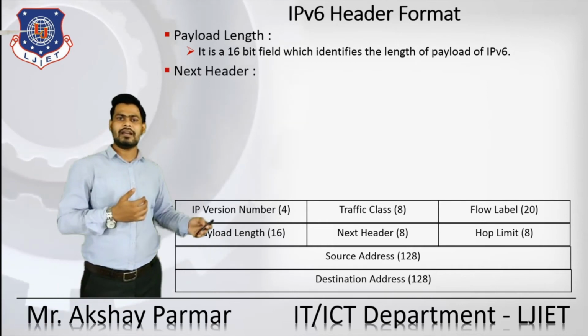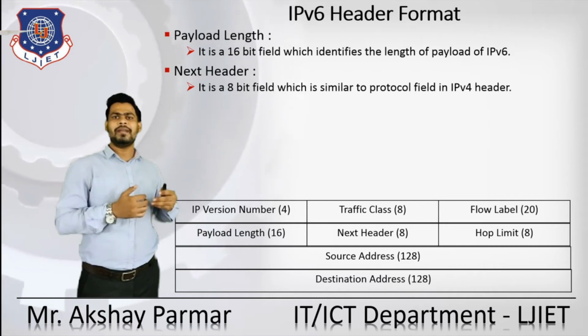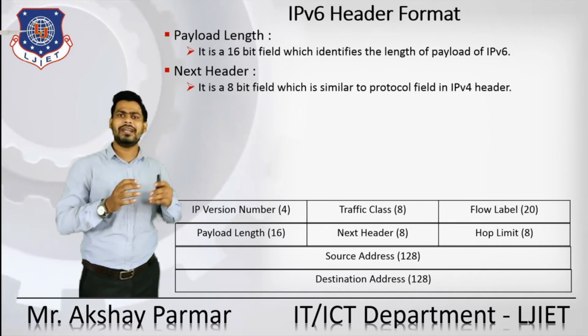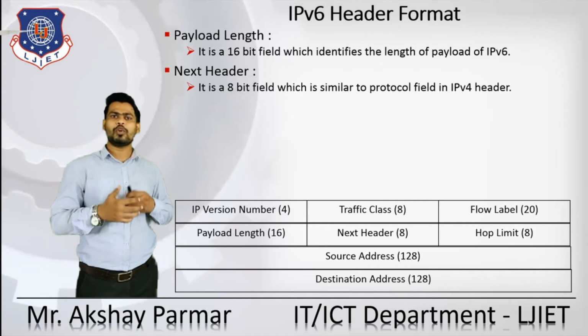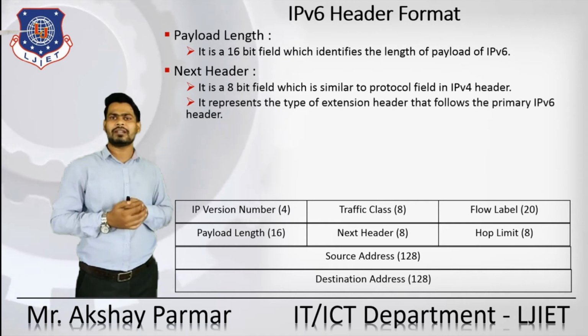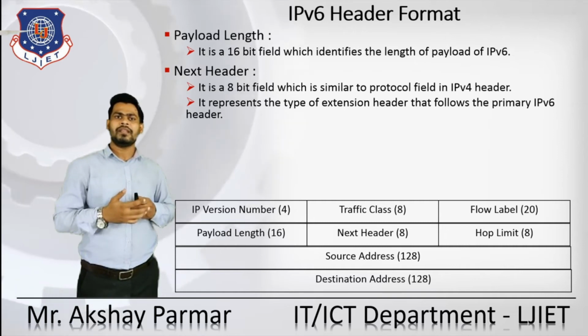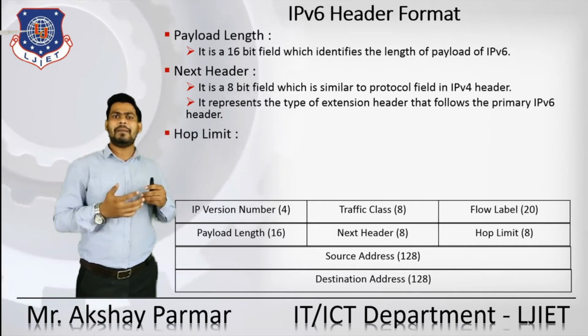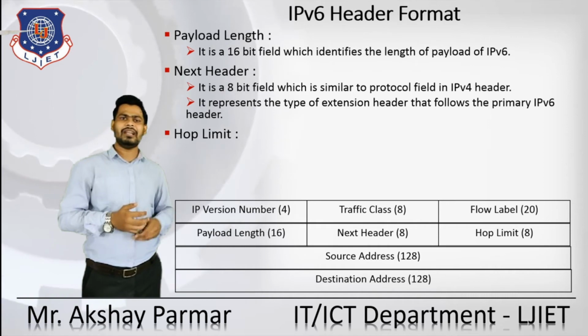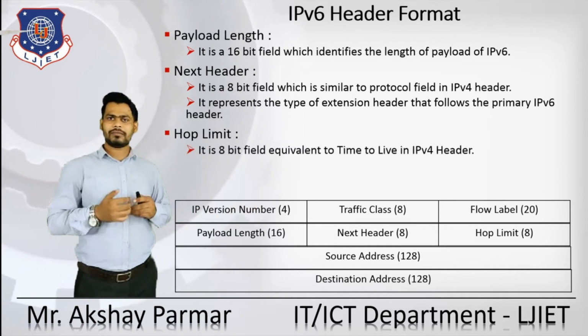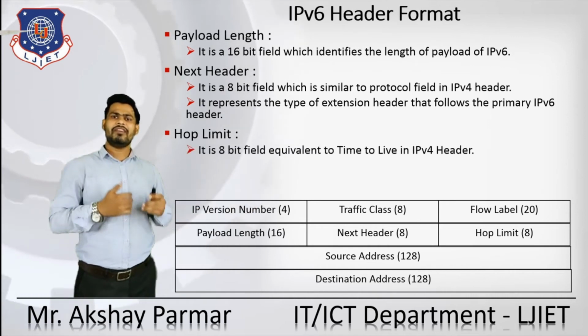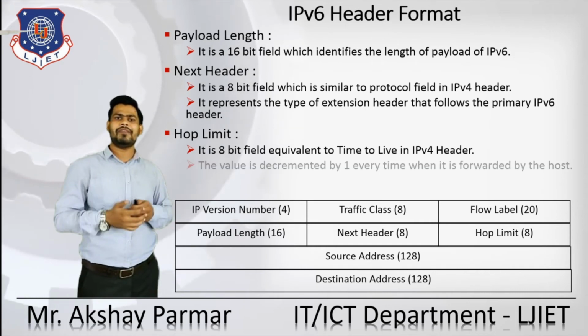After that, the next header, which has 8 bits. It is a field similar to the protocol field in IPv4 headers. It represents the type of the extension header that follows the primary IPv6 header. After that, the hop limit. It is an 8-bit field equivalent to time to live in IPv4 headers.